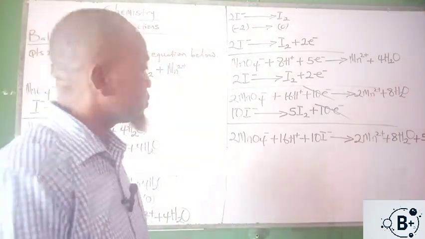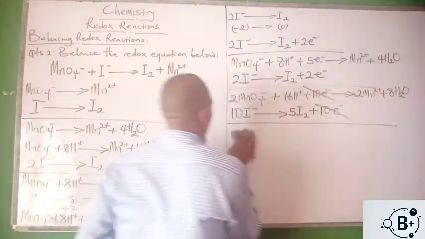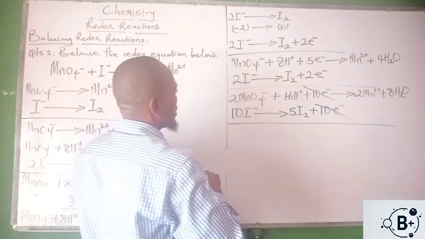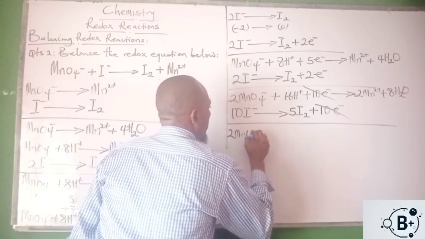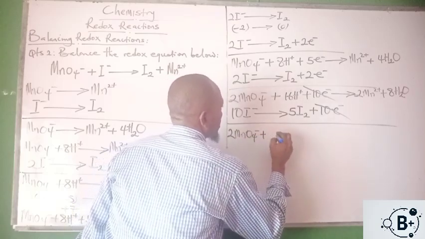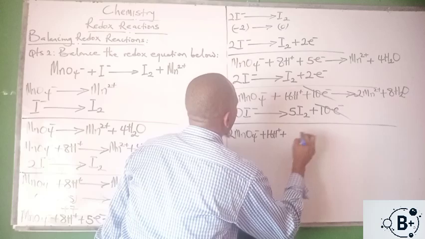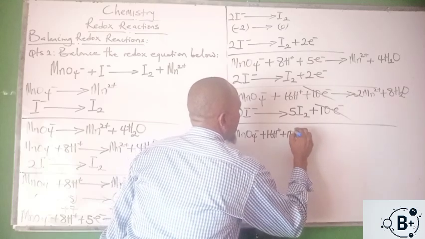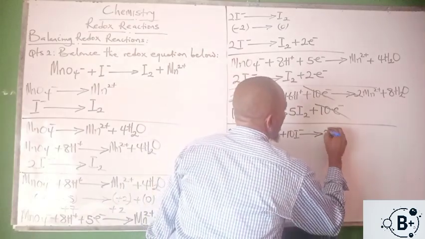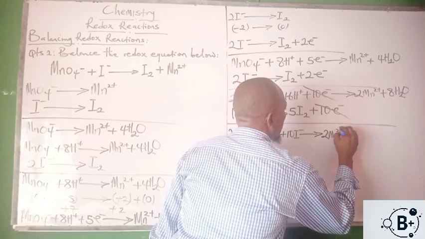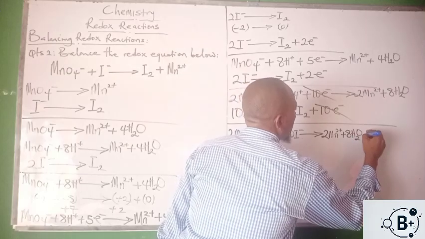So, okay. Now it is 2MnO4 minus plus 16H plus plus 10I minus, which gives 2Mn2 plus 8H2O plus 5I2.